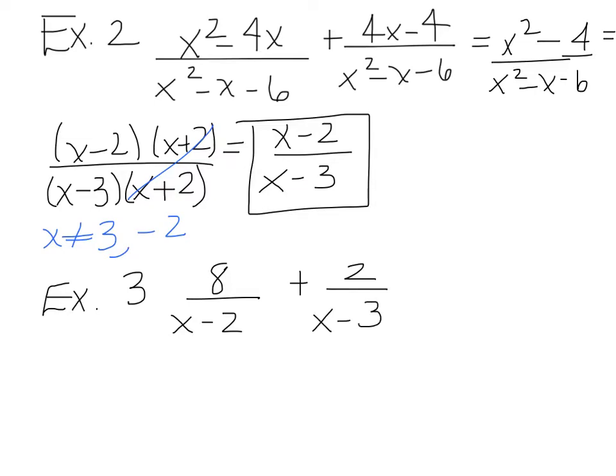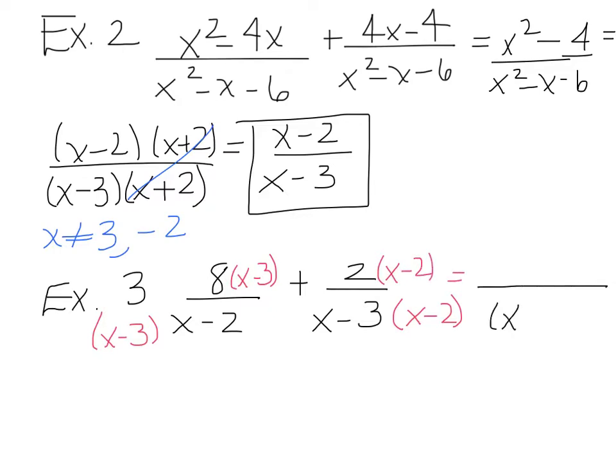And the way that you do that is you multiply the top and bottom so that both denominators will be exactly the same. So in this case, it'll be x minus 3, x minus 2. And then in the numerator, you'll just distribute.